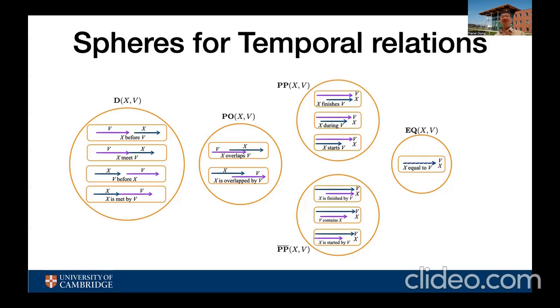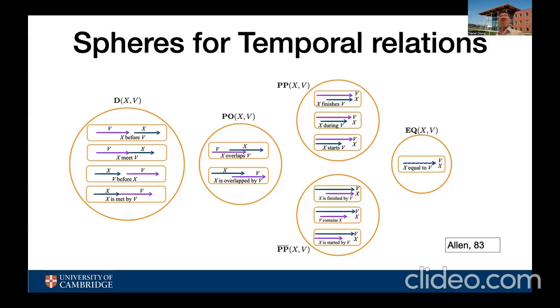Then proper part gives 3, determined by whether the two ends meet. And the equal relation is just the equal relation. Then the 5 spatial relations are specified into 13 temporal relations. That is exactly the 13 temporal interval relations described by Allen in 1983.